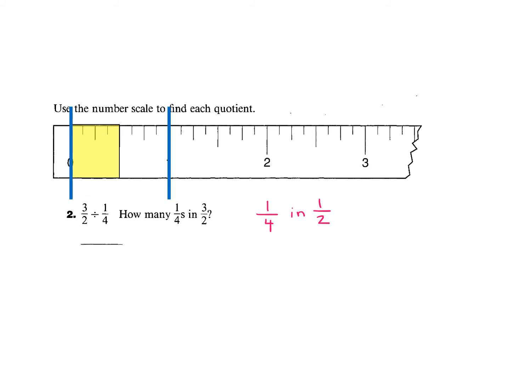So here's 1 inch, and then we have 1 inch split in halves, and now we have 1 inch split in fourths. So this is 1/4 and 2/4. So there's 2/4 in 1 half.